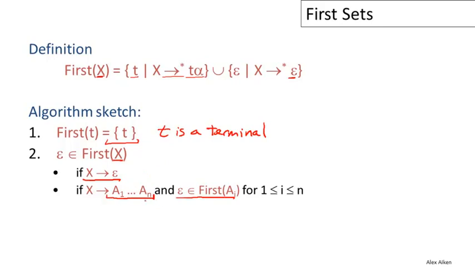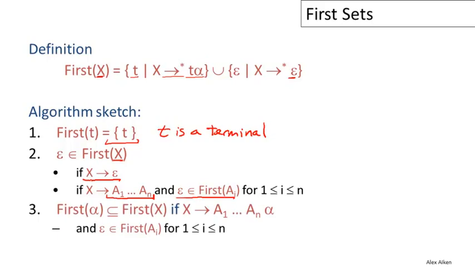Obviously, if there's any terminal symbol on the right-hand side, then that production can never go completely to the empty string. It'll always produce at least that terminal. But if every non-terminal on the right-hand side can produce epsilon, meaning epsilon is in the first of all of those non-terminals, and there are no terminals on the right-hand side, then epsilon will be in the first of X.